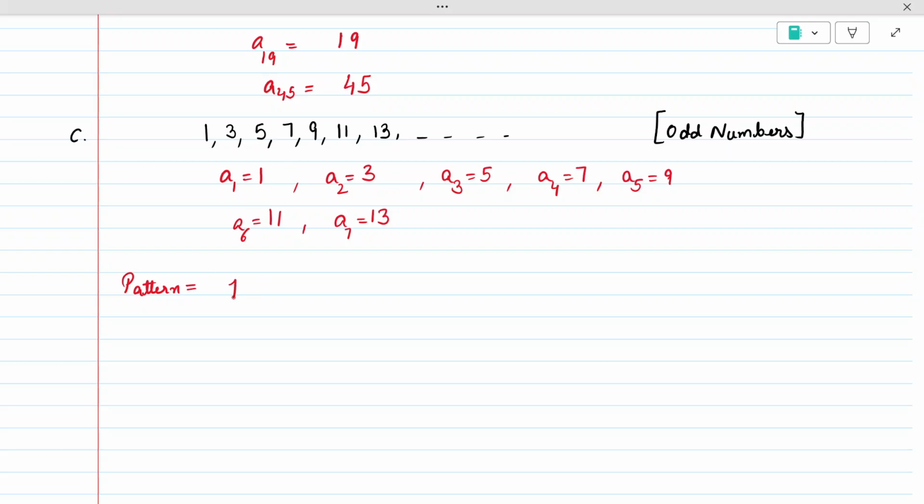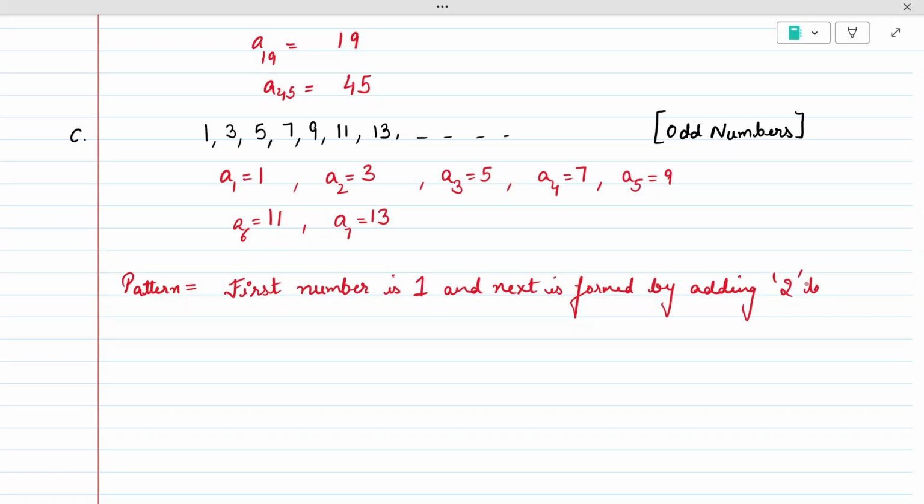That is, the first number is again 1 and the next number is formed by adding 2 to the previous number.